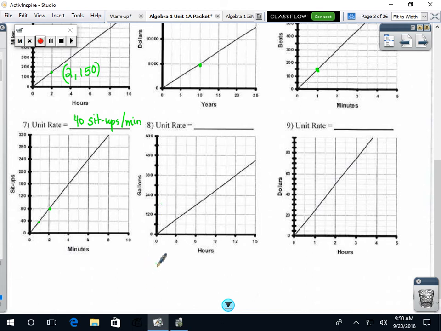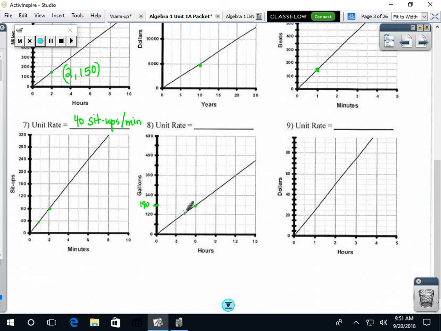All right, number 8. Okay, where would a nice point be for this graph? 6 and, so what's the Y value of that? What's right in between 120 and 240? 180. Now, if you have trouble figuring that out, just pick another point, like 12, and what is that up there, 360?